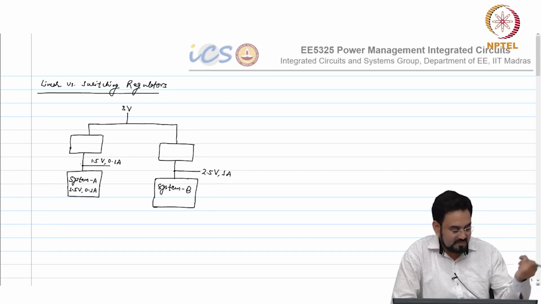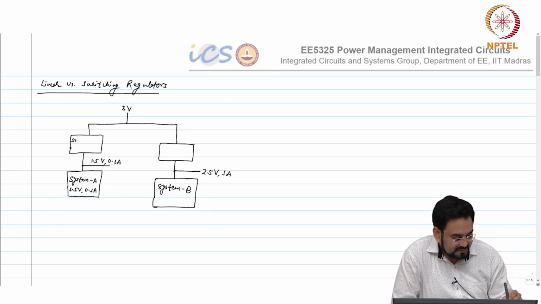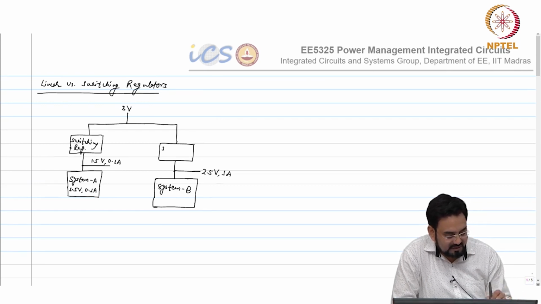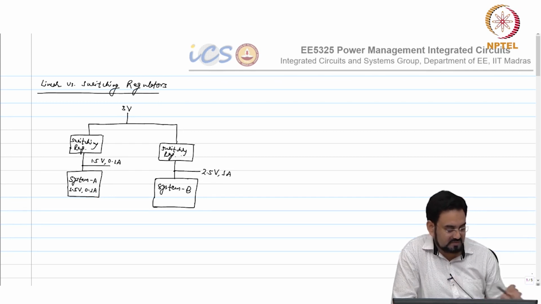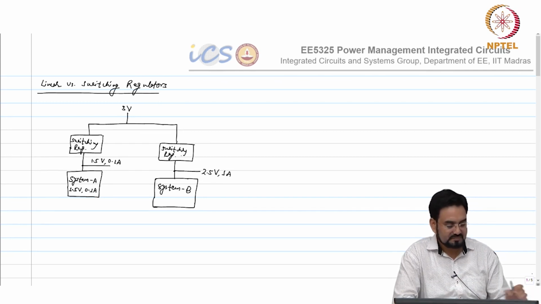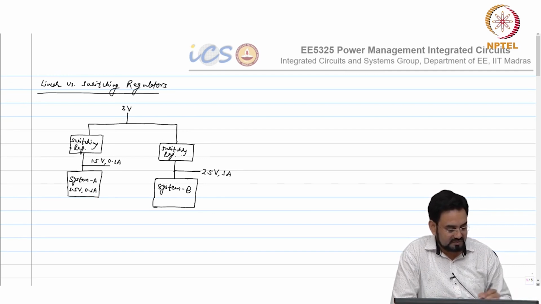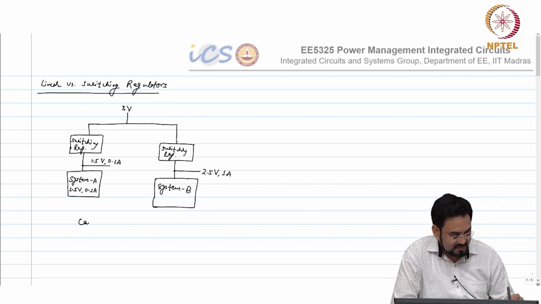So one example could be I can use a switching regulator here, and a switching regulator in this case also. So we have two switching regulators. This is your case 1.